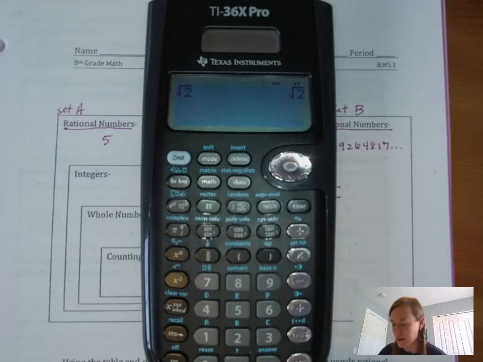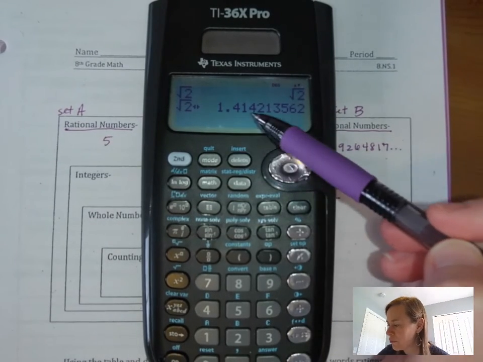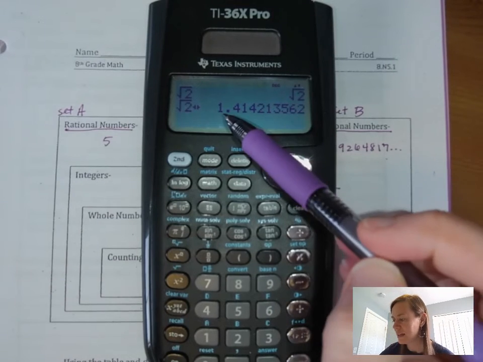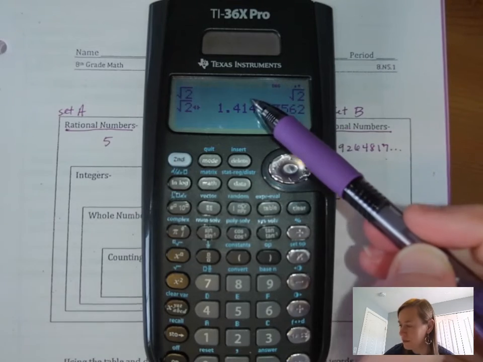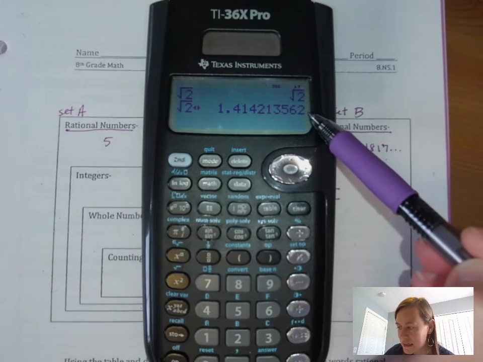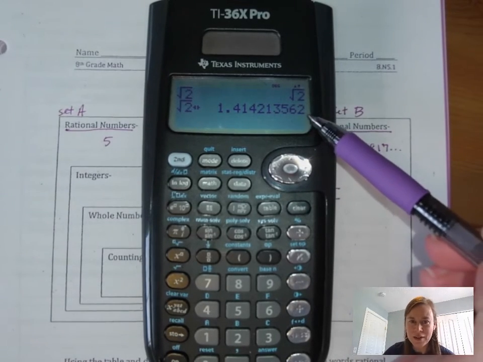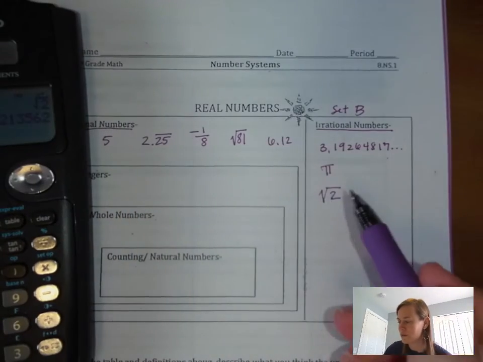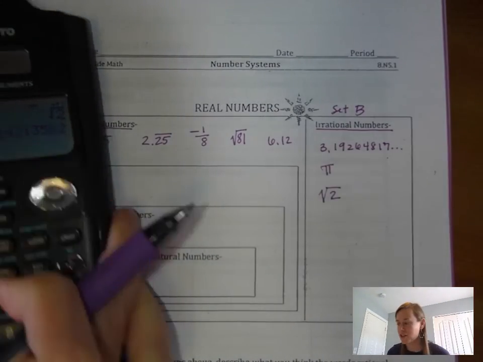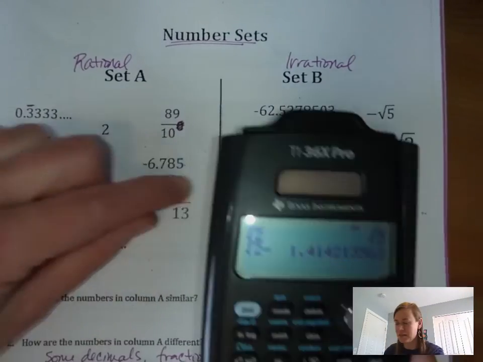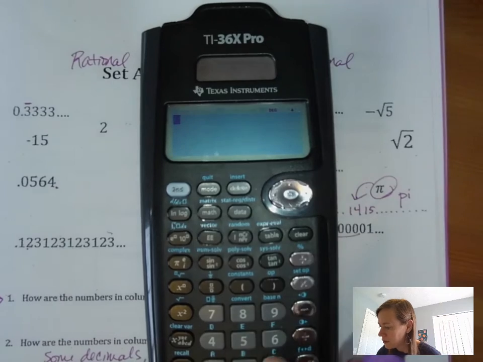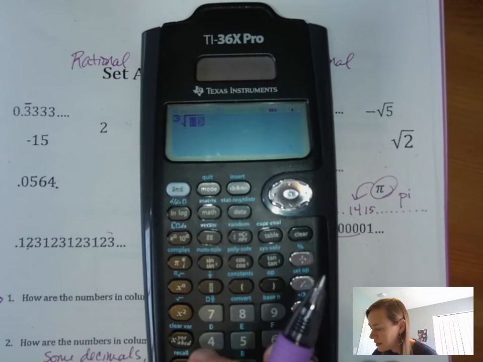And then we have to push this button right here, the fraction to decimal button. And it goes 1.414, 213,562. You see how it just kind of maxed out the space for decimals and then it stopped? When it fills up that whole space and nothing's repeating, that means that it's irrational. So square root of 2 is definitely going to be irrational. Kind of like these guys were. Let's do this cube root of 17. Let's see what that looks like. So cube root of 17.